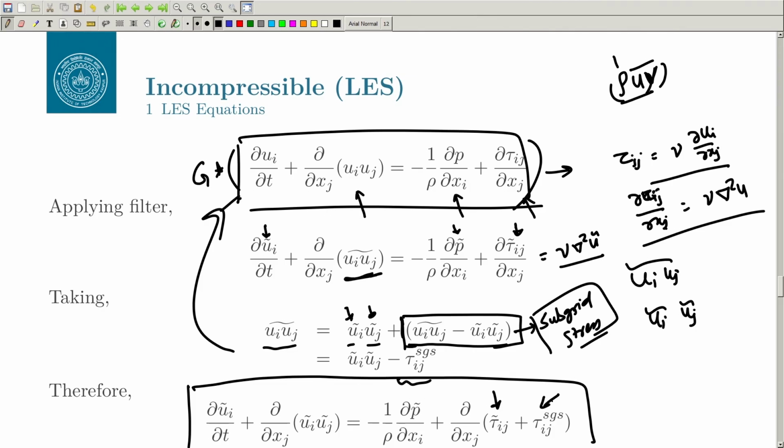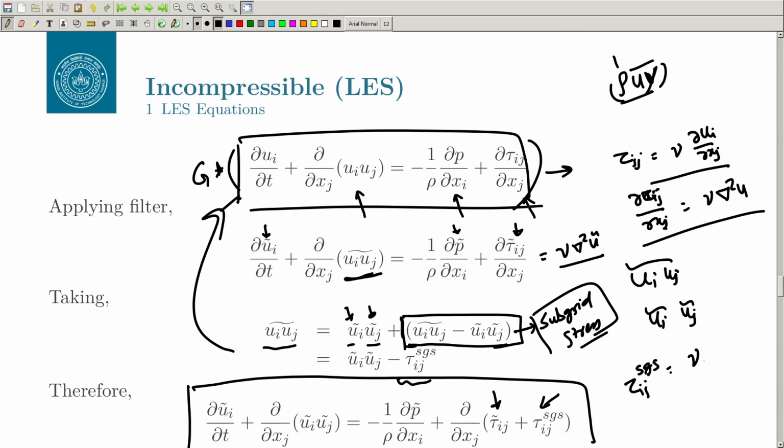In the next class, we will derive the compressible LES equations, and we will also see how we can apply our eddy viscosity model to this tau i j SGS.